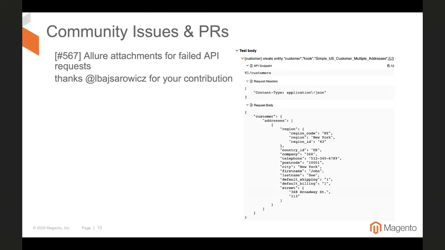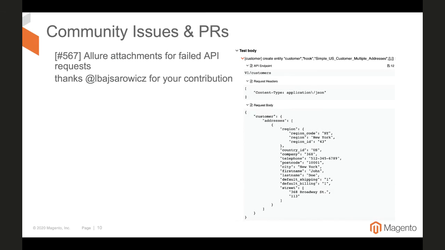So what Lukasz did, he updated how this works, and right now when the action fails, you should be able to see what request body you sent to the Magento instance. It is a very good improvement because in most cases we need that request data when an action fails, but not when an action passed. Yep, that's pretty much it.